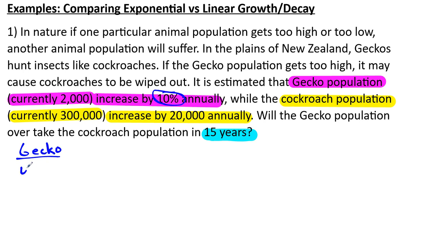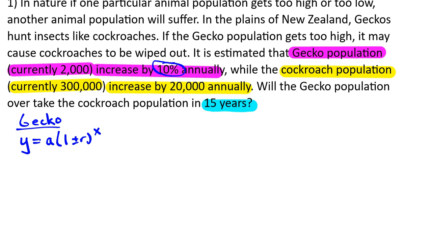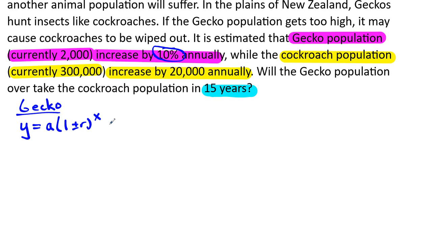So let's do that one first using the exponential form, which, if you're not writing it down as much as I have, you should, because you've got to know this one, kids. This one I can't give you. So again, find those values to plug in. A, our starting amount, was 2,000. R is 10%, but we need it as a decimal, so divide it by 100 and get 0.10.